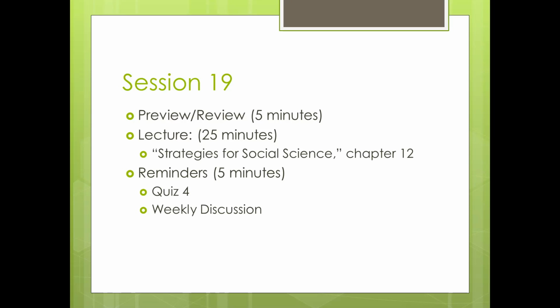So these first three chapters, 12, 13, and 14, are going to deal with how to use some of the strategies that we have learned about all semester long, focusing on social science, humanities, and mathematics and science courses. So we'll do chapter 12 today and chapters 13 and 14 next week.